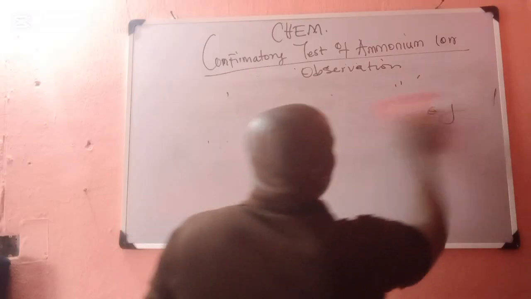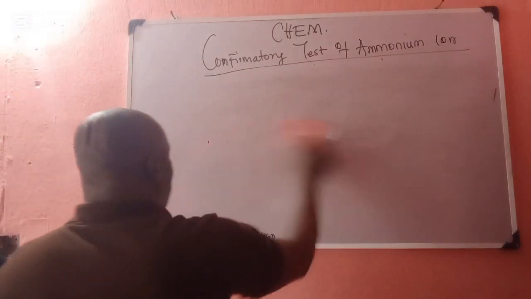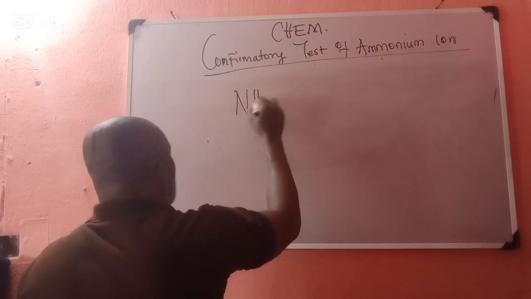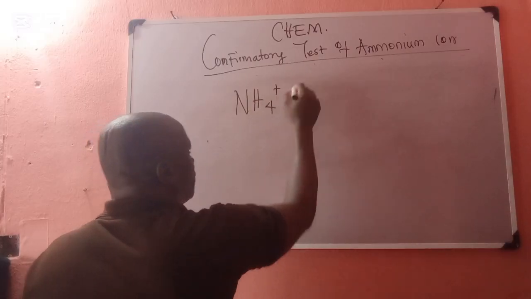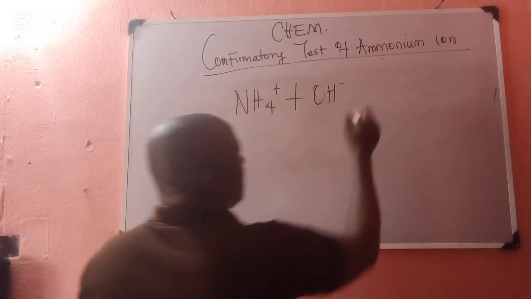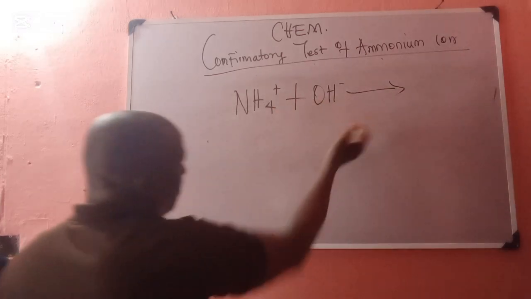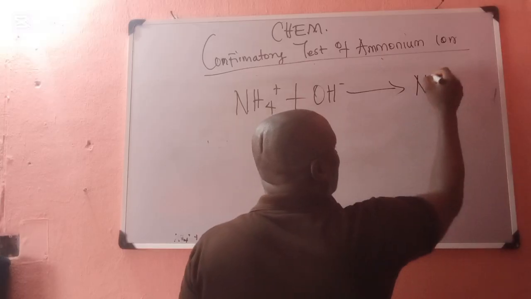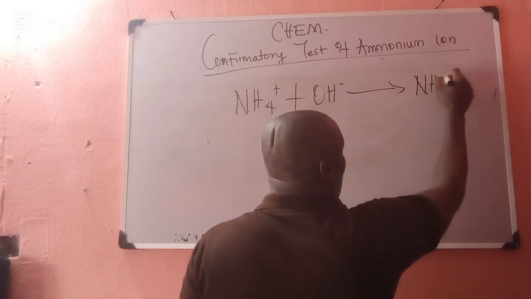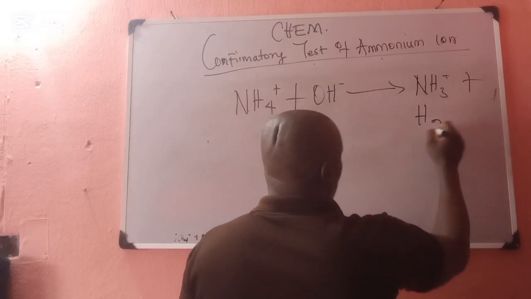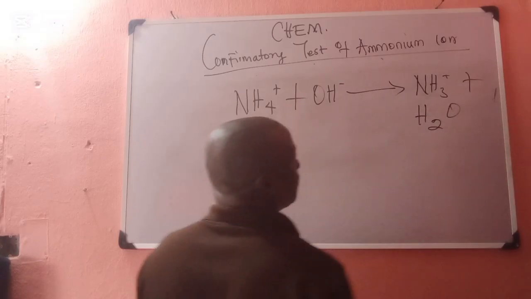So let's look at a basic part of it, which is the reaction. The reaction indicates that ammonium ions plus a hydroxide group react to give us ammonia, plus H2O.